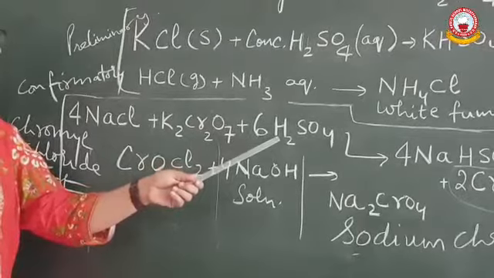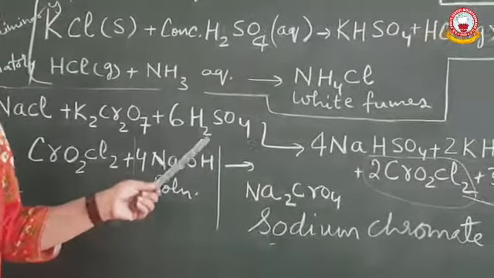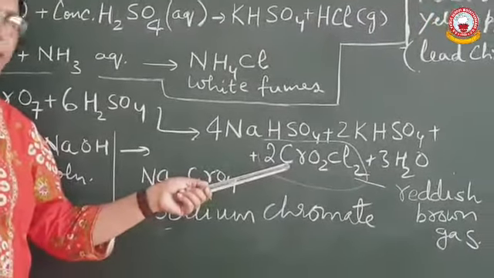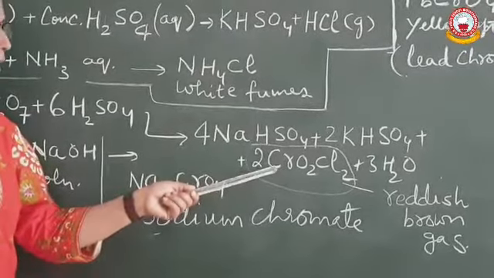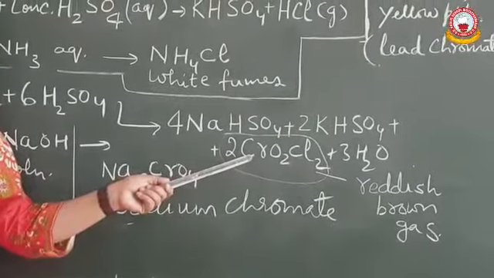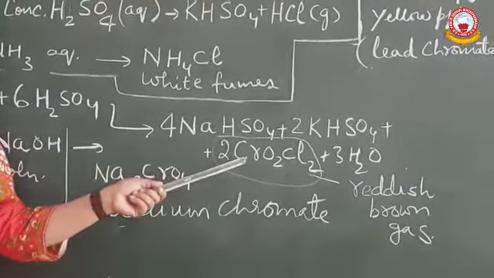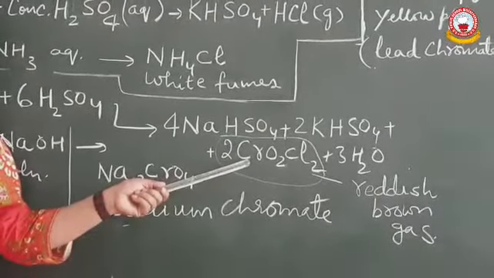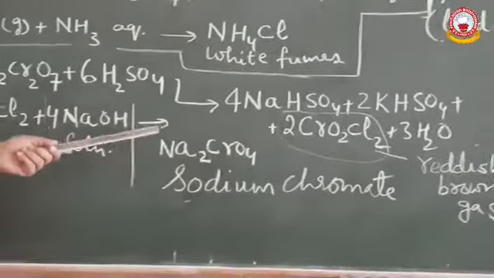Then to it concentrated sulfuric acid is added, and you will find either in cold or on warming orange colored vapors come out, and these vapors are of chromyl chloride. That is why the test is named as chromyl chloride test. The formula is CrO2Cl2. It is very important to remember the formula of this orange colored gas.